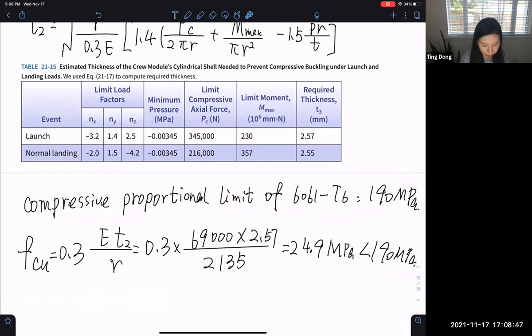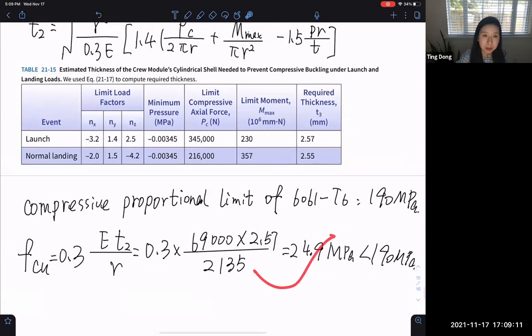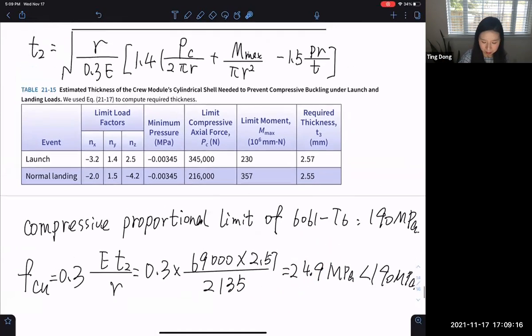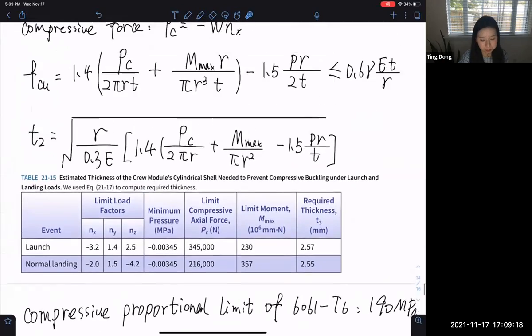So they plug in 2.57, which is the optimized thickness we found here, into the equation and calculate, okay, this one is way lower than 190. So it's just a general idea that in your structure analysis, it always buckles first and then has an actual yielding problem in compression. But this is just one step to make sure that it's safe in all situations.